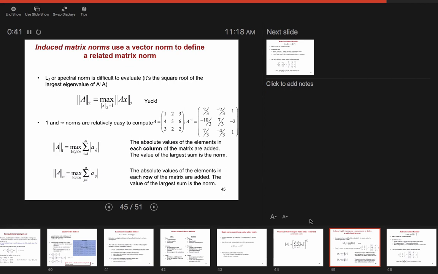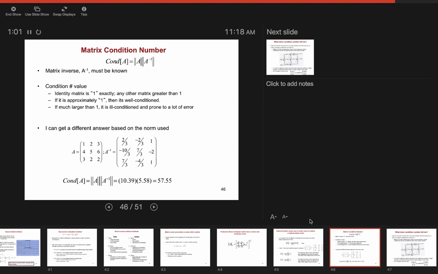If I gave you the inverse of this matrix, it's actually this. And we can also compute the one norm of that. And it turns out that this condition number, that tells me how well the system behaves when I'm solving AX is equal to B, is the norm of the matrix itself times the norm of its inverse.